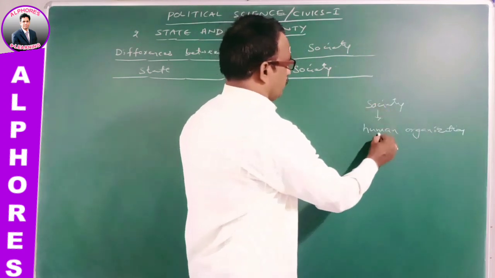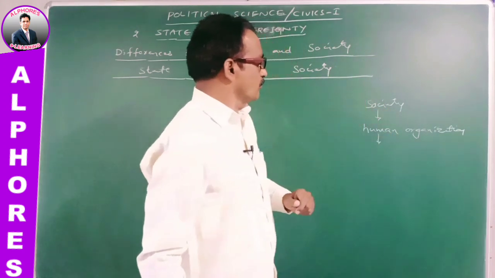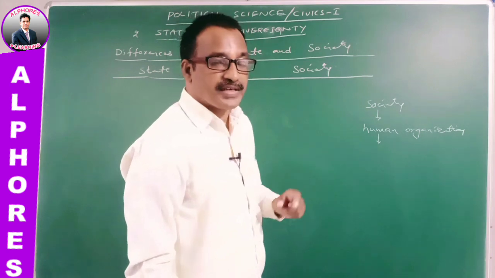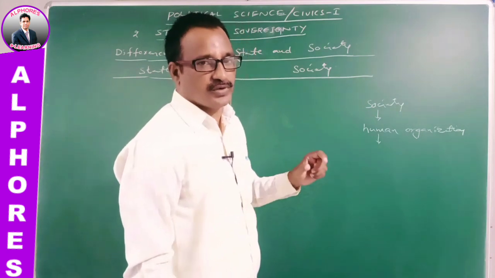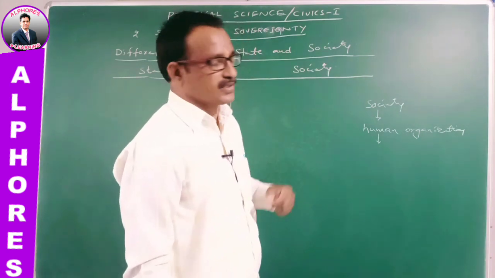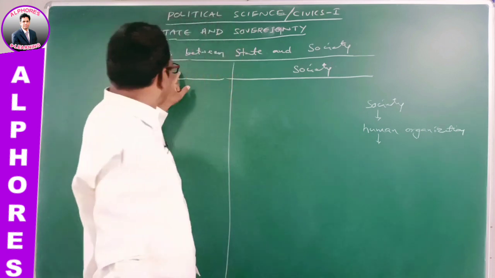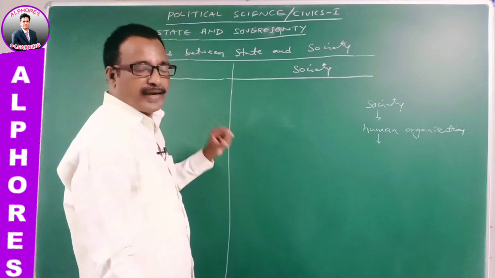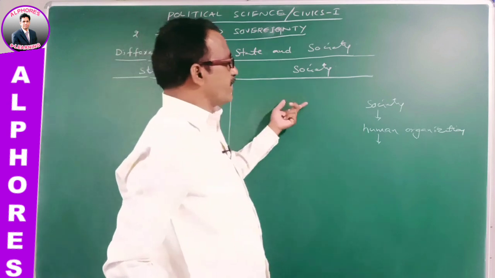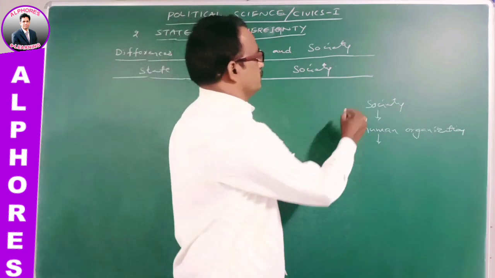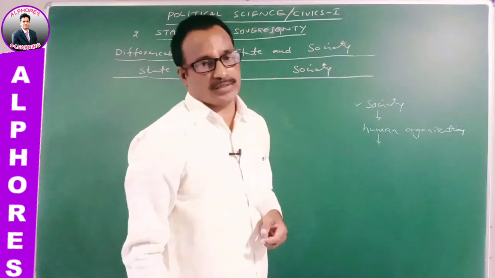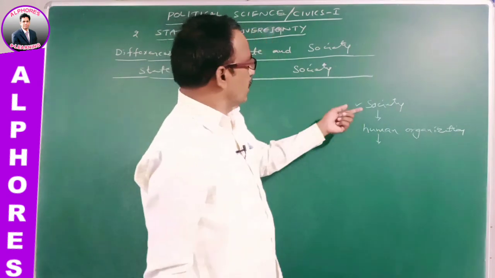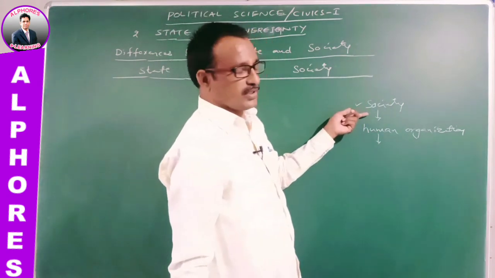It is formed for fulfilling various needs of the individuals. Individuals will have various needs. State alone cannot fulfill all the needs of the individuals, and so to fulfill various needs of the individuals, society is formed.